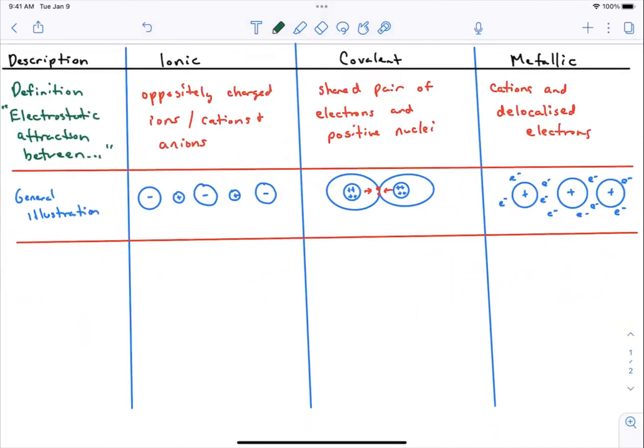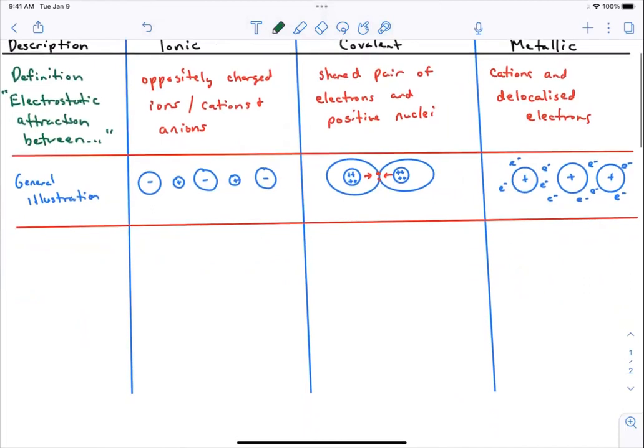Some of the physical properties that we'll need to talk about here. One is melting point. And so melting point, you would categorize ionic as very high.